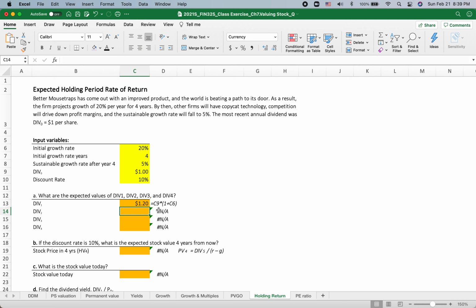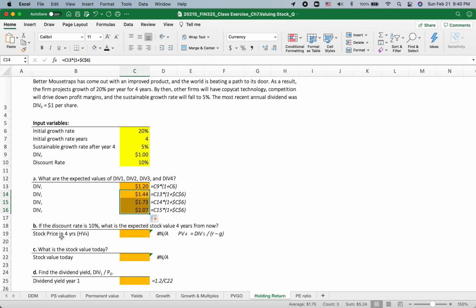And then after year 1, we also put the growth rate of 20%. I want to just fix this cell so that we can just drag it down. Now I got the dividends for year 1, 2, 3, and 4. So each dividend.